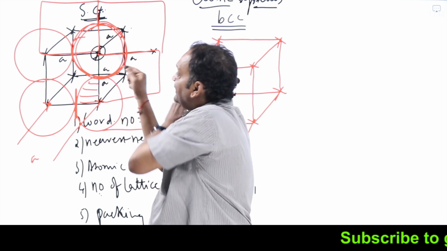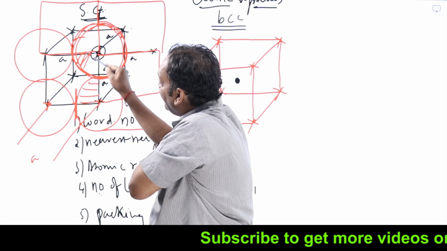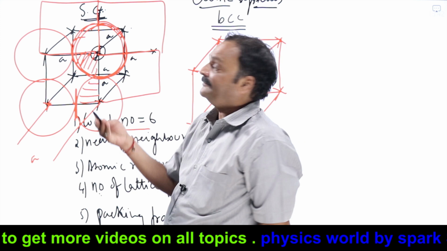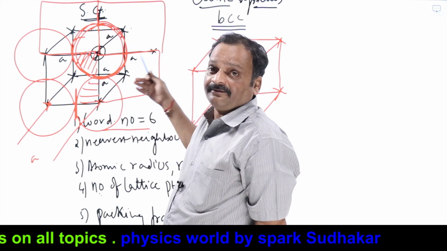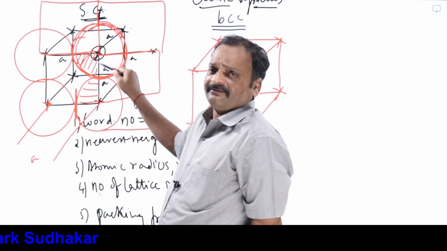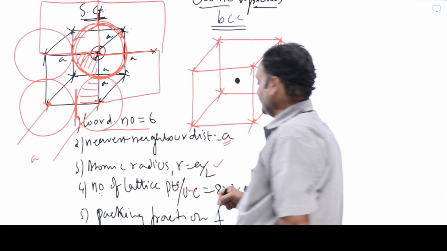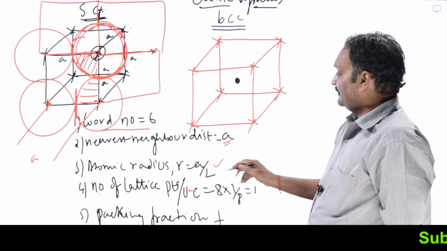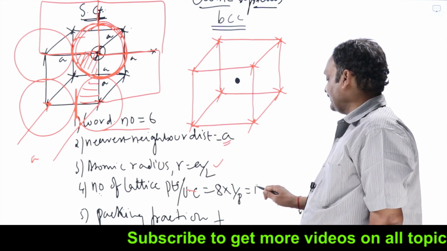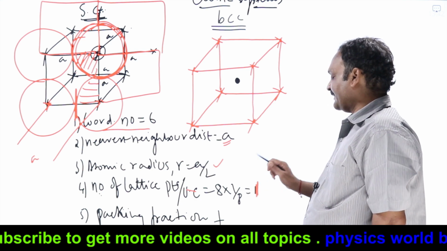Only 1/8 of the volume of the atom is actually coming into our unit cell. So what is happening to the remaining 7 by 8? They are shared by 7 other unit cells separately. From every atom, I am getting only 1/8 of the volume into our unit cell. There are 8 like that, so the number of actual lattice points present per unit cell is 8 into 1 by 8, which is effectively equal to 1.